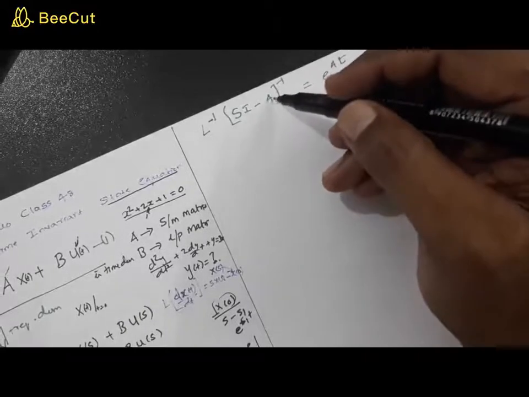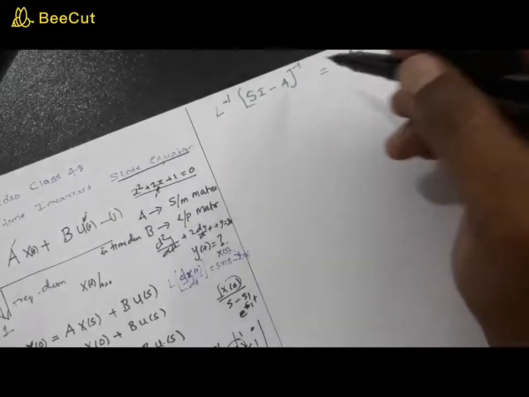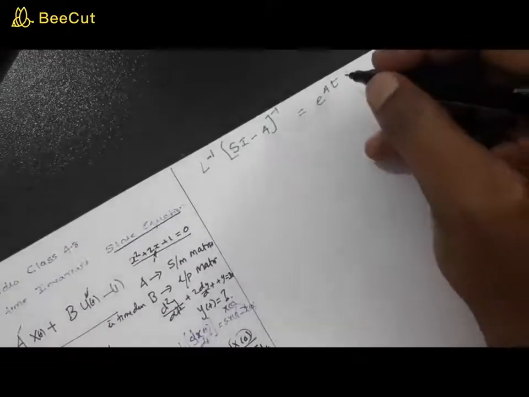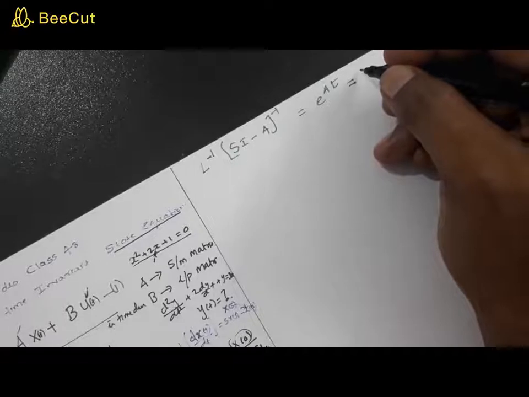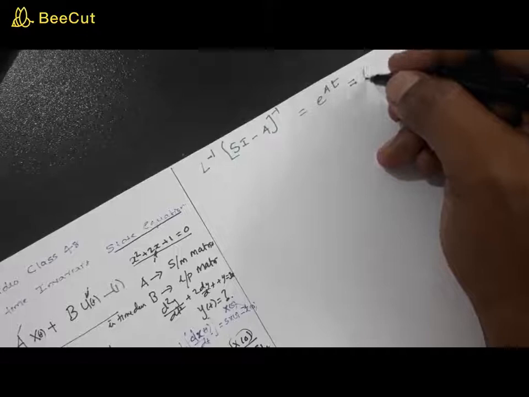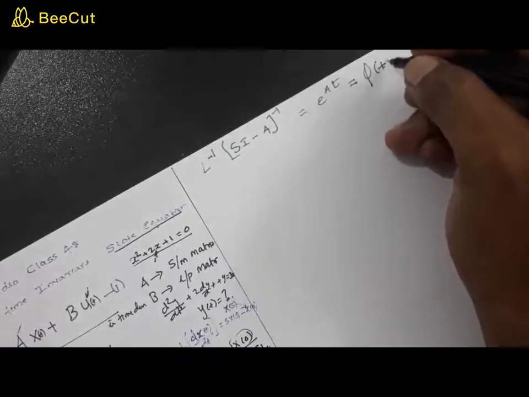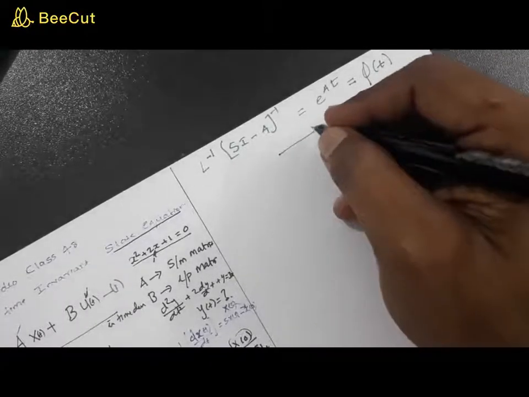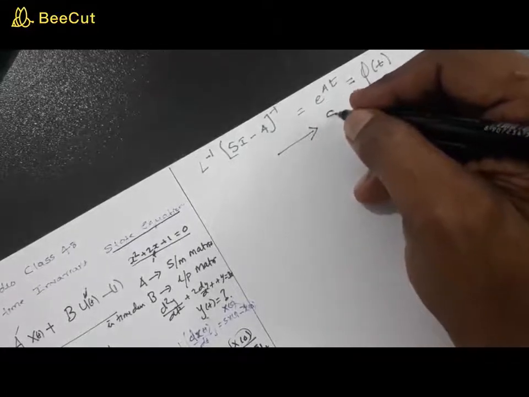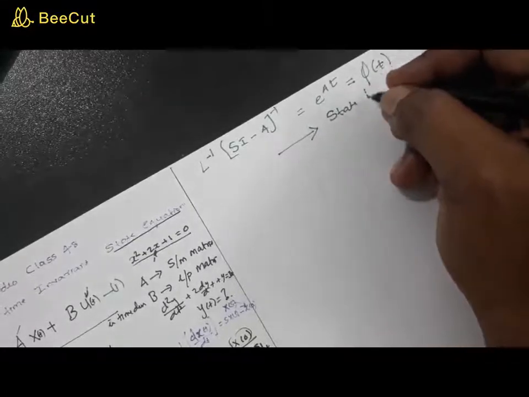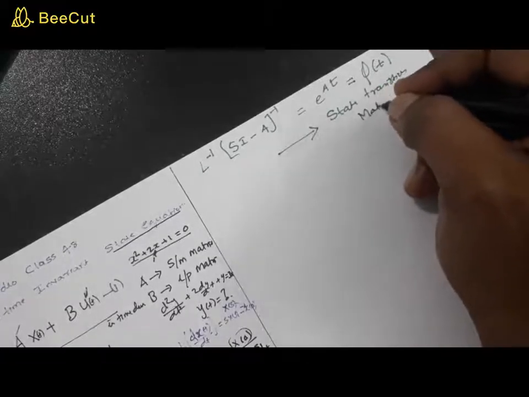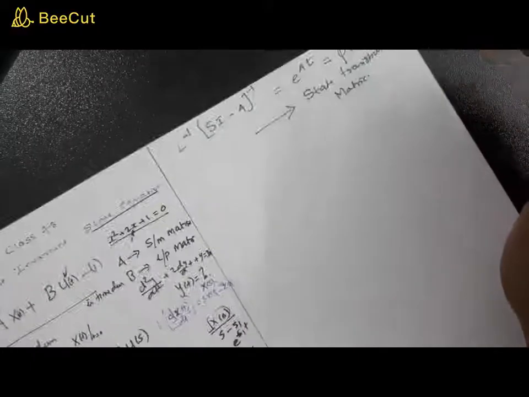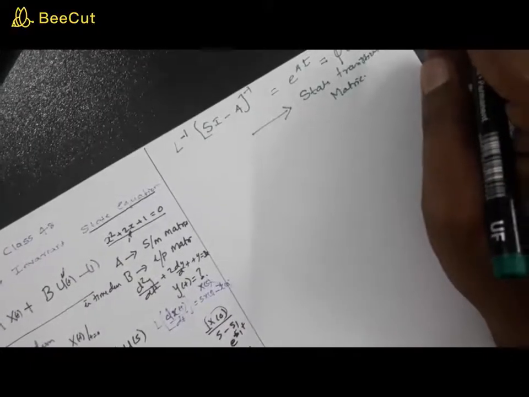So the Laplace inverse of sI minus A inverse is actually e raised to at, or this is denoted by the letter phi of t, and this is again a matrix, and this matrix is called the state transition matrix. This is a very, very important thing. Usually this will be asked.